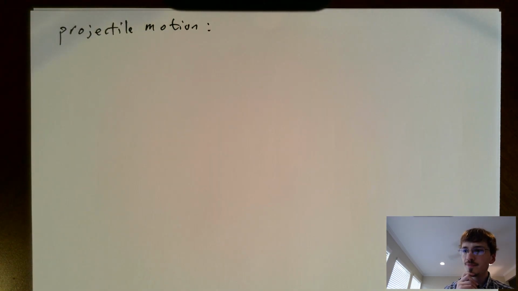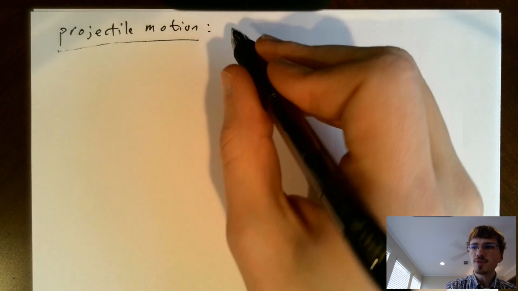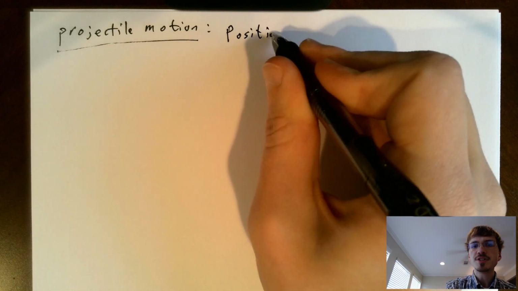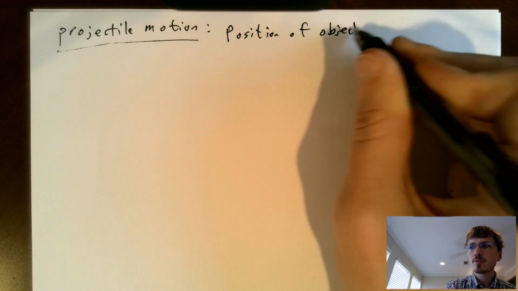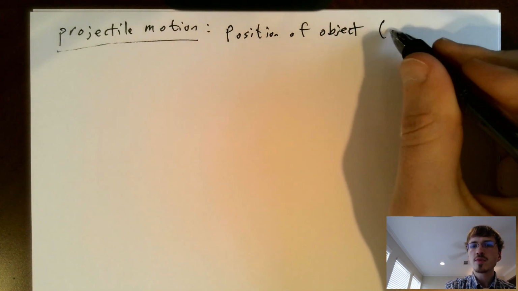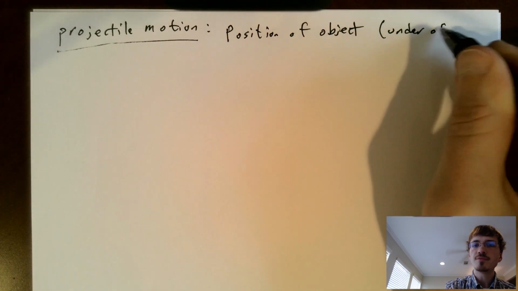All right. Suppose a particle, or an object, if you like, has a position function, and it's only moving under the effects of Earth's gravity.